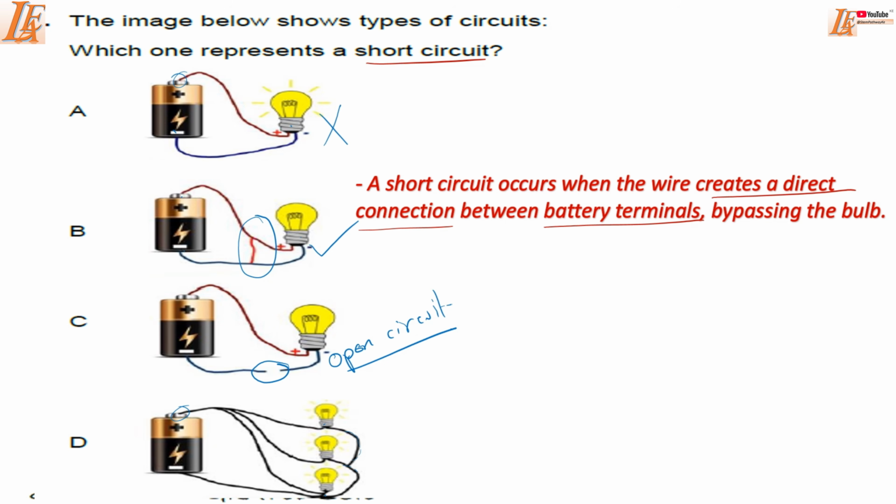Therefore, this is a circuit with bulbs in parallel. Therefore, this is not a short circuit. Therefore, the short circuit that we have in this case is B, where there's a direct connection between the positive terminal of the battery and the negative terminal of the battery before the current reaches the bulb.